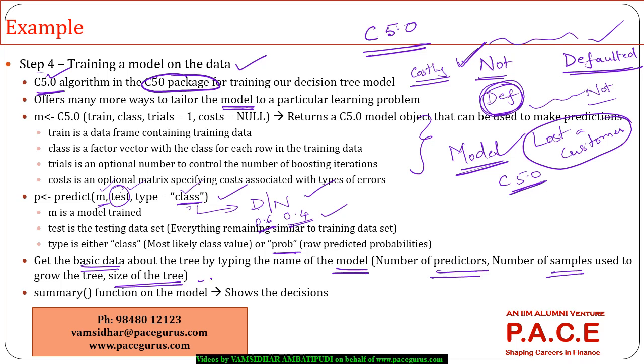All those typical things are provided by typing the name of the model. And if I look at the summary of the model, it will give me the complete set of decisions that the model has taken. The way the tree got classified is understood through this summary of the model. I put a summary function on the model, and I'll get clarity in terms of the way the tree has completely broken down.